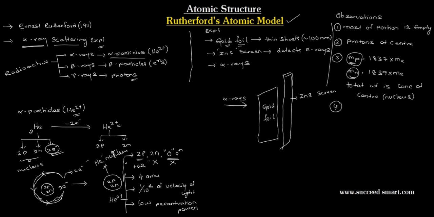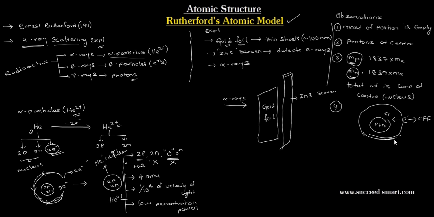Coming to the next observation, you can observe that the gold foil atom contains protons and neutrons at the center and the electron is revolving around the nucleus. When the electron revolves around the nucleus, it experiences two types of forces.